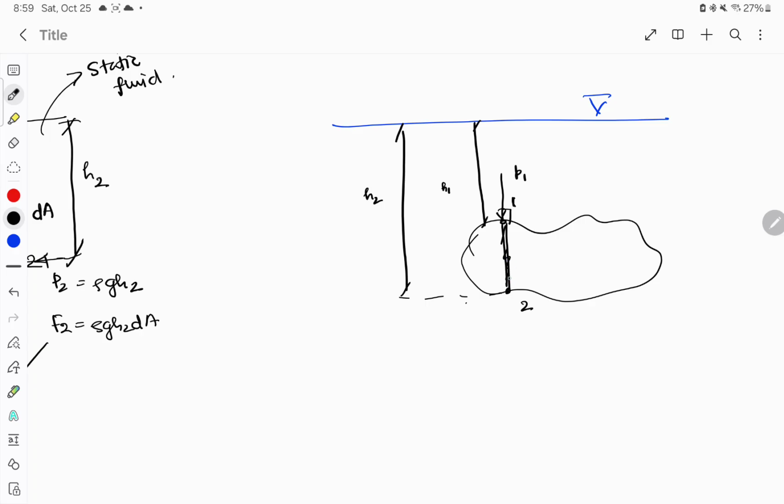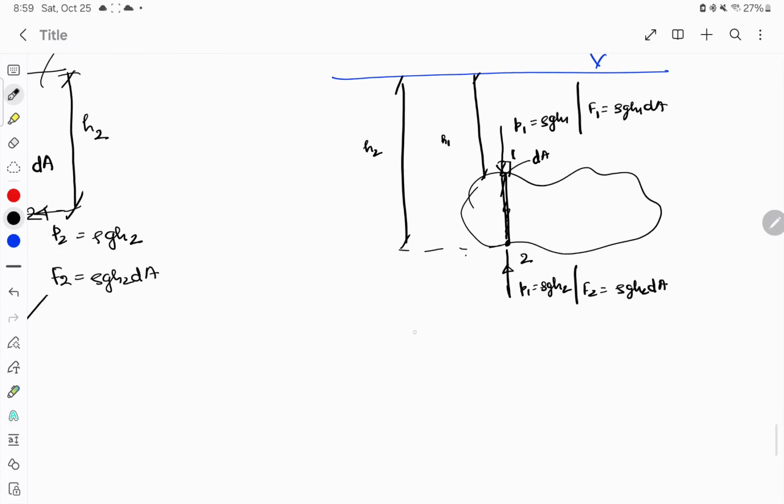Let us consider a strip of area dA. Then there is a pressure rho g h1 from above, and from below a pressure of rho g h2. Writing the force on the area dA, f1 will be equal to rho g h1 into dA, and f2 will be equal to rho g h2 into dA.